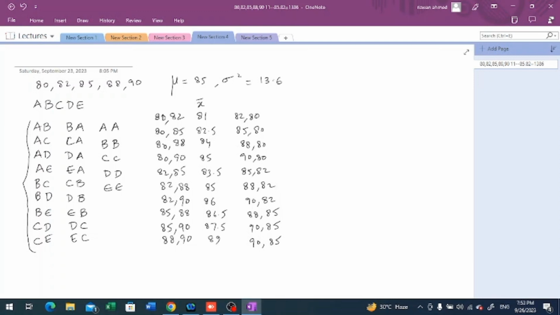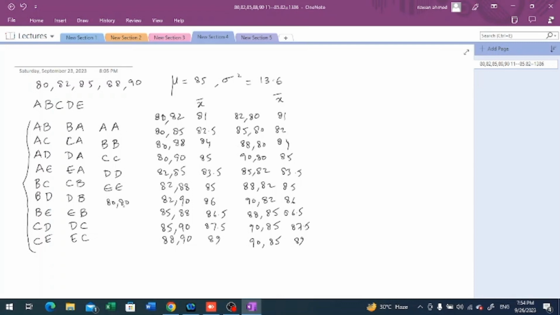Writing down the same values in reverse order will not change the mean value. So 81, 82.5, 84, 85, 83.5, 85, 86, 86.5, 87.5, and 89.